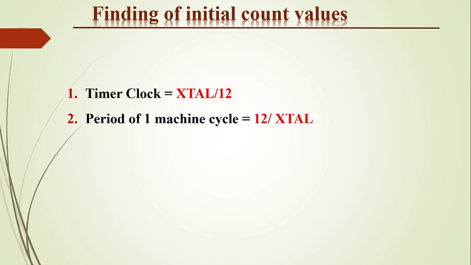That can be calculated using the formula T equal to 1 upon F, or we can say that the period of one machine cycle is T, that is 1 upon F. So here we are dividing 12 clocks by the crystal frequency.